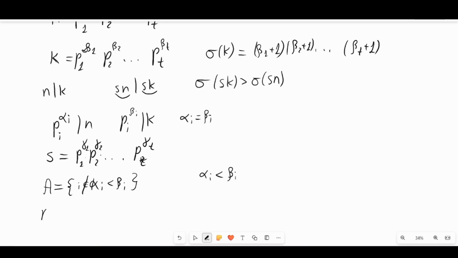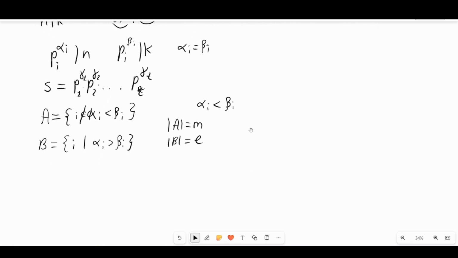And for the B set, we have the indices i where alpha i is more than beta i. Let's assume that the size of A is some number m and the size of B is some number L.